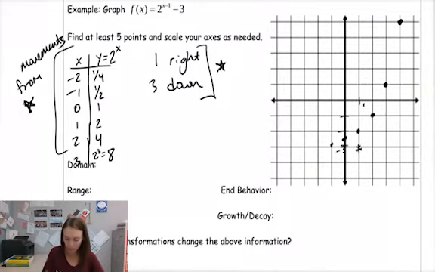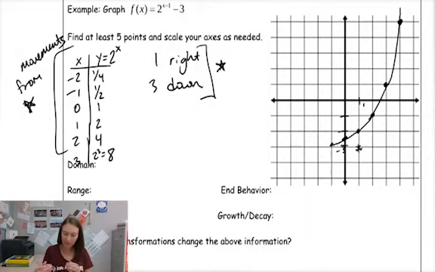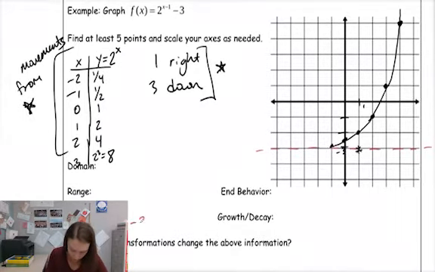Now, if we think about what's going on here, if I connect my dots, try to make it good. Think about what's going to happen as I keep going to the left. It's going to get closer and closer and closer to our horizontal asymptote, which now has been shifted down to y equals -3. So I need to complete my graph and make sure that this doesn't cross that horizontal asymptote.